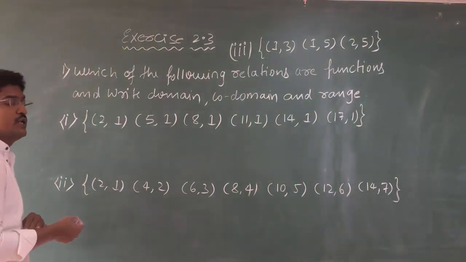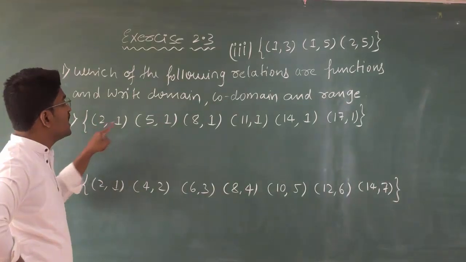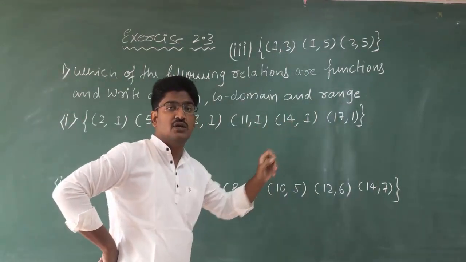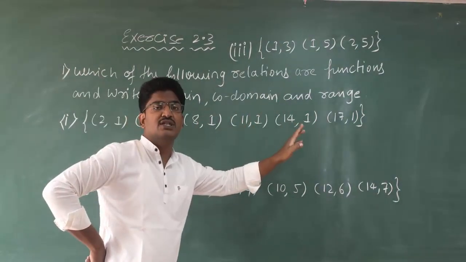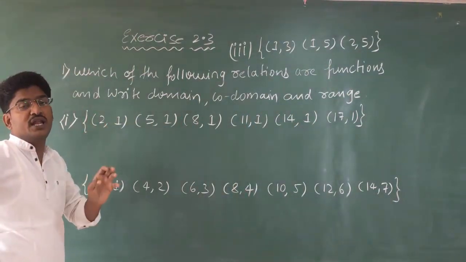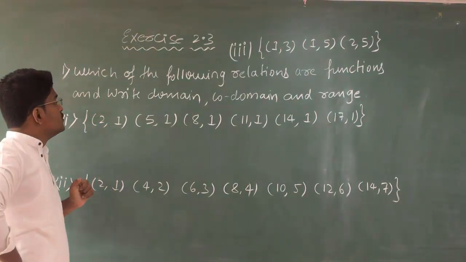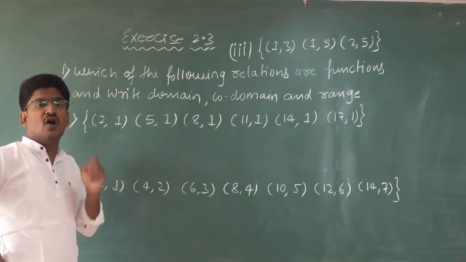Okay, see the first one. What is domain? Domain means the collection of first elements. What is codomain? Collection of the second elements. Clear? If it is a function, then there will also be a range. So first let us check, is it a function or not?